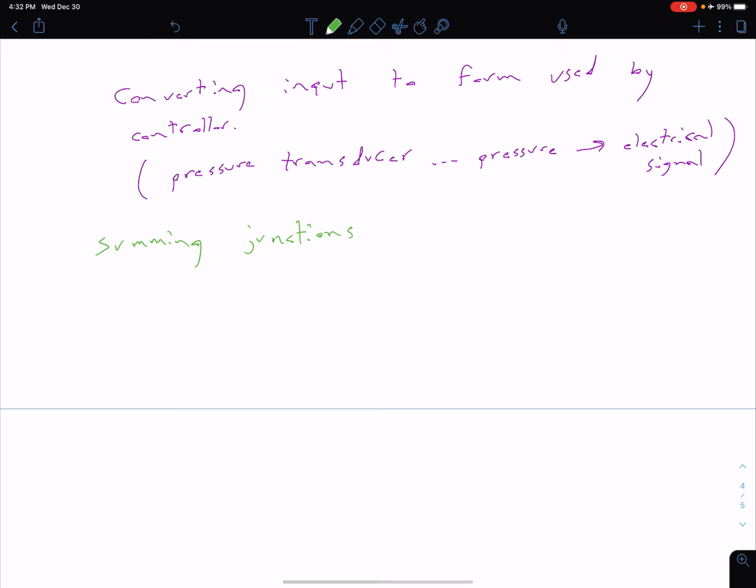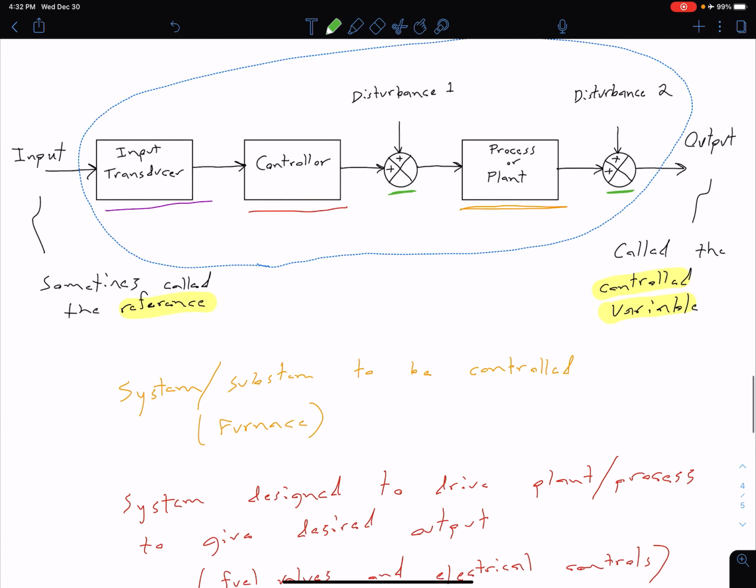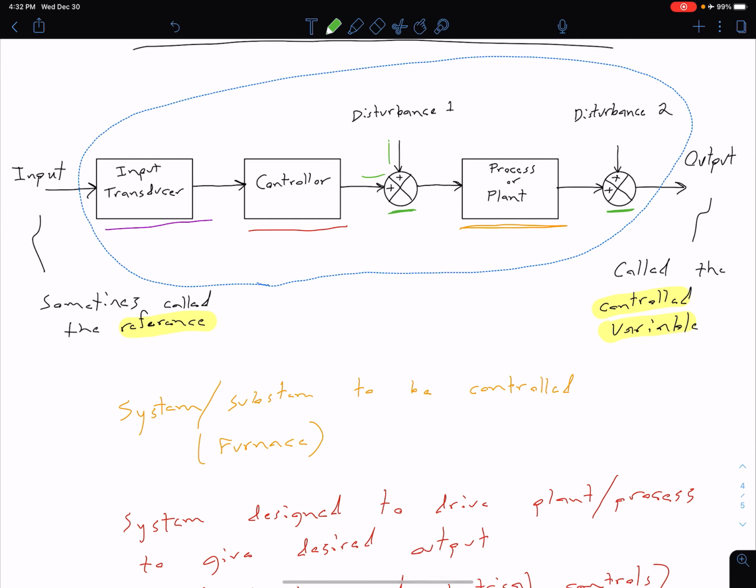In this case we have two signals, and we're adding both of them because we have an addition sign in each case. But we can have subtraction, which we'll see a little later on.